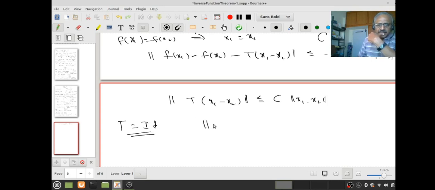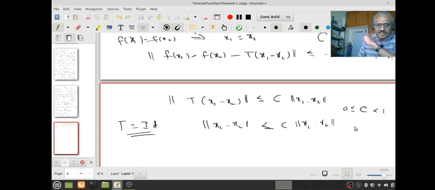Then what do I have on the left side? Norm of x1 minus x2 is less than or equal to c times norm of x1 minus x2, right? So if I want a contradiction, that is, I want to conclude x1 equals x2, what do you think I should make sure? If my c is less than 1, of course positive, then I am through.